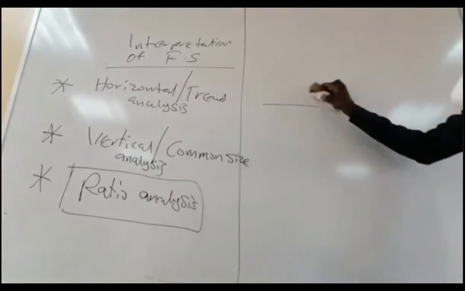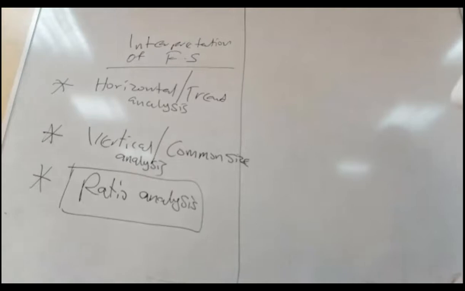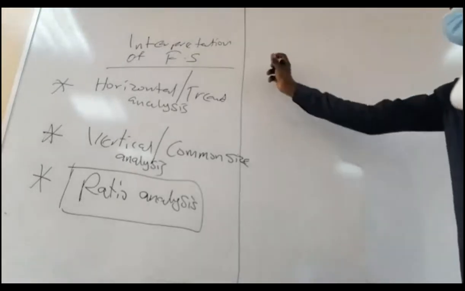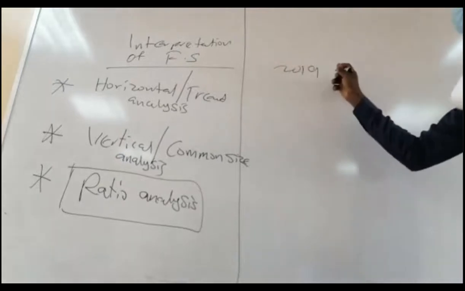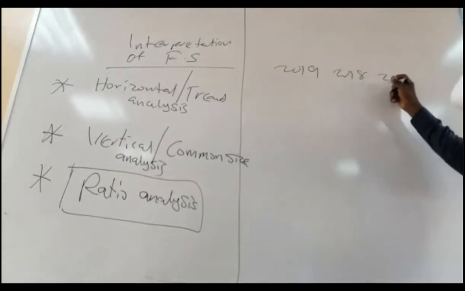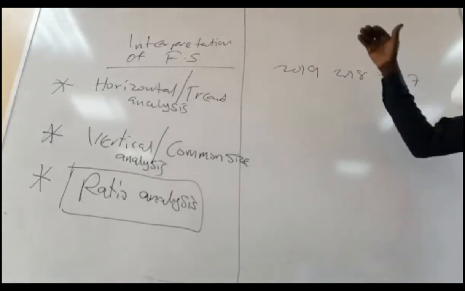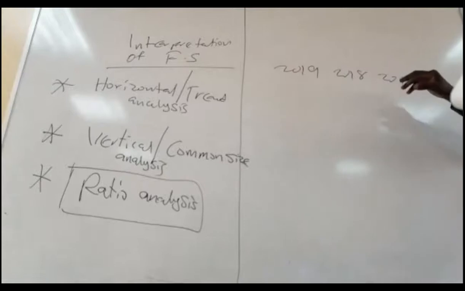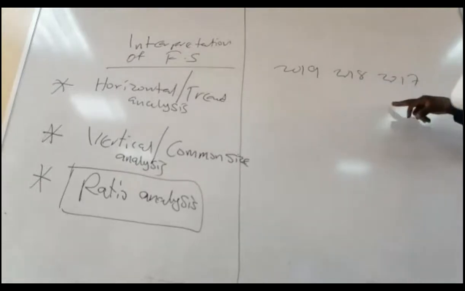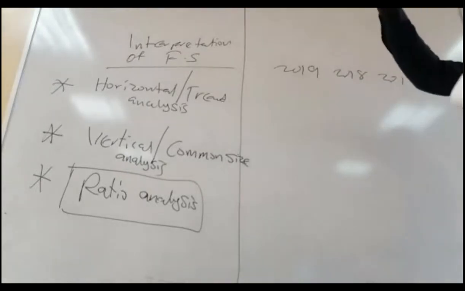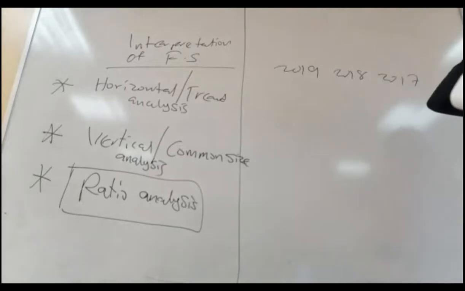Usually it must be more than one year. So we can give you 2019, 2018, 2017, 3 years, 4 years, 5 years. That is a trend analysis. So horizontal analysis compares company's performance over time to obtain a trend.